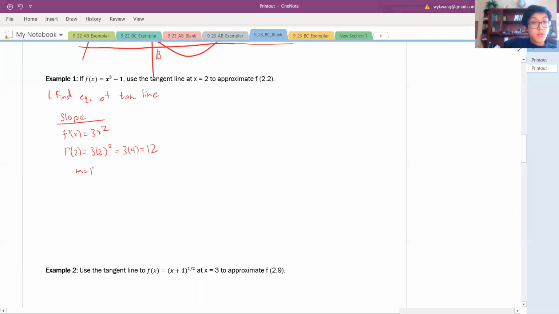So we know m is equal to 12. I'll give people a couple seconds to catch up on this. And f prime of x I found simply through power rule: x cubed, bring the 3 down, subtract 1 from the exponent, so you get 3x squared.